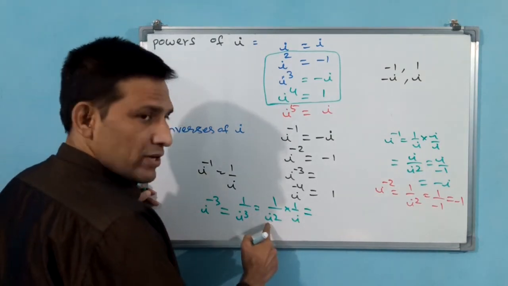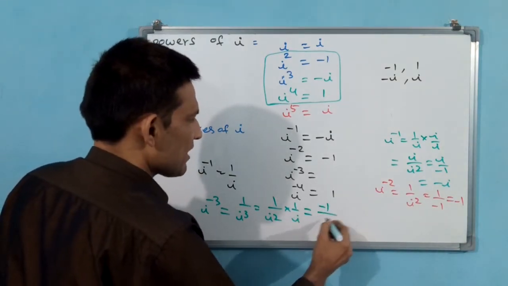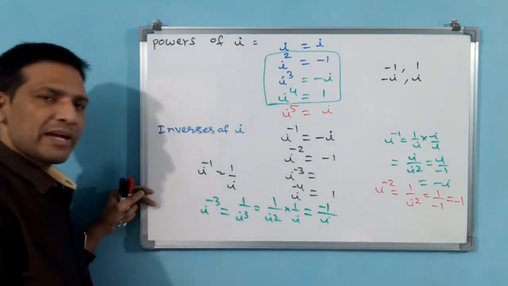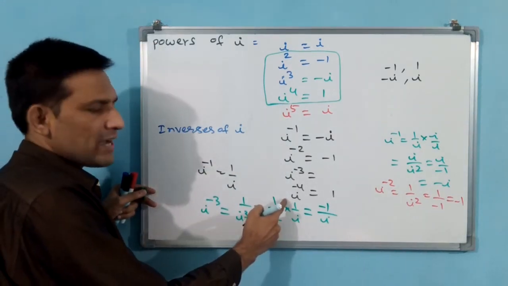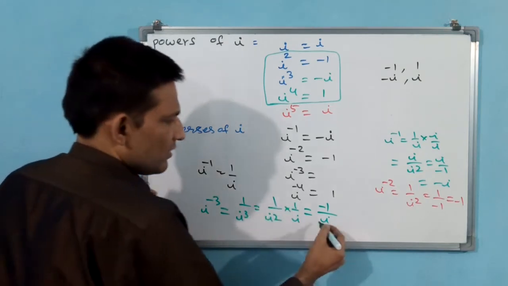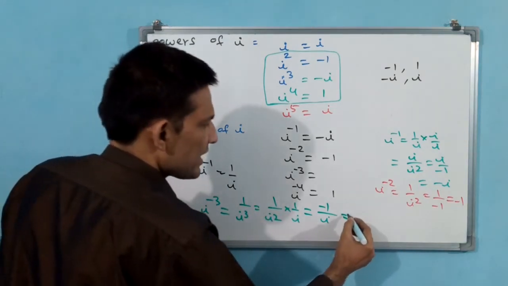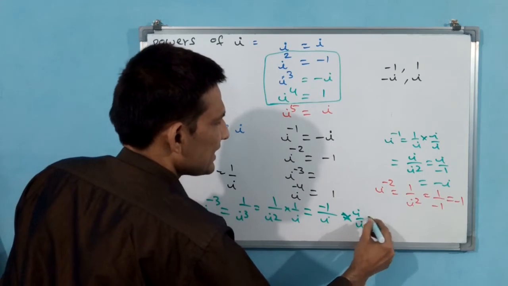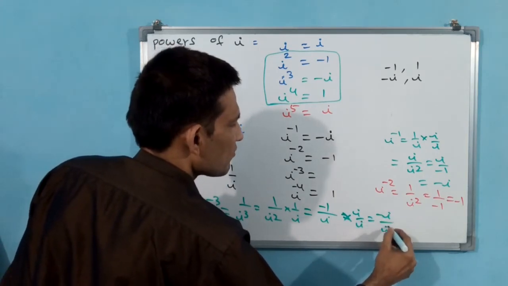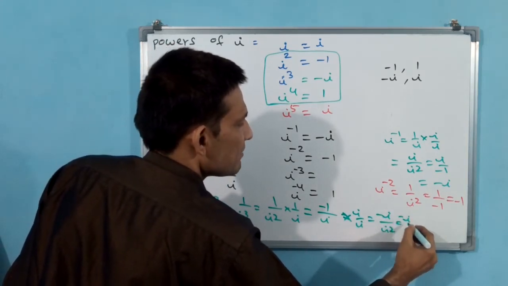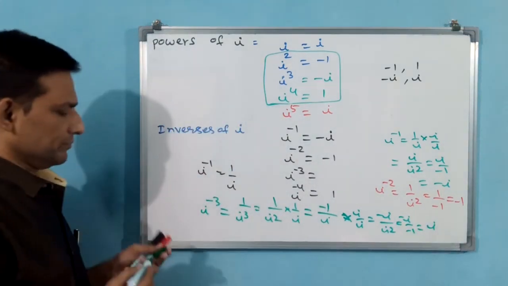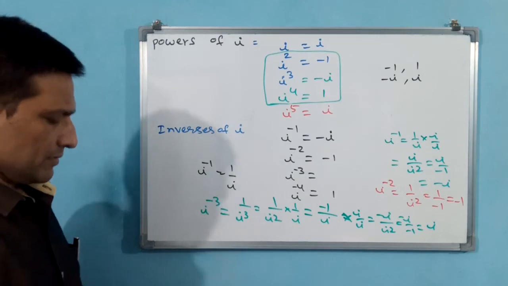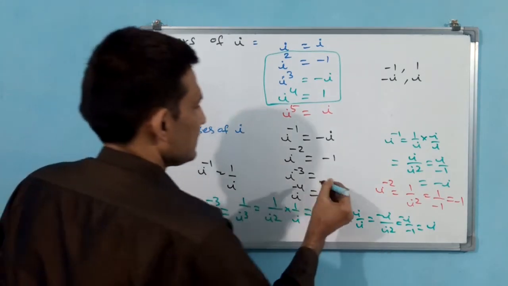But i square is minus 1, so I have transferred the minus to the top, giving minus 1 by i. i square is equal to minus 1, that minus I have transferred to the numerator. We don't know 1 by i, so again we multiply by i by i: minus i by i square, minus i by minus 1. The two minuses get cancelled, giving i. You write i here.